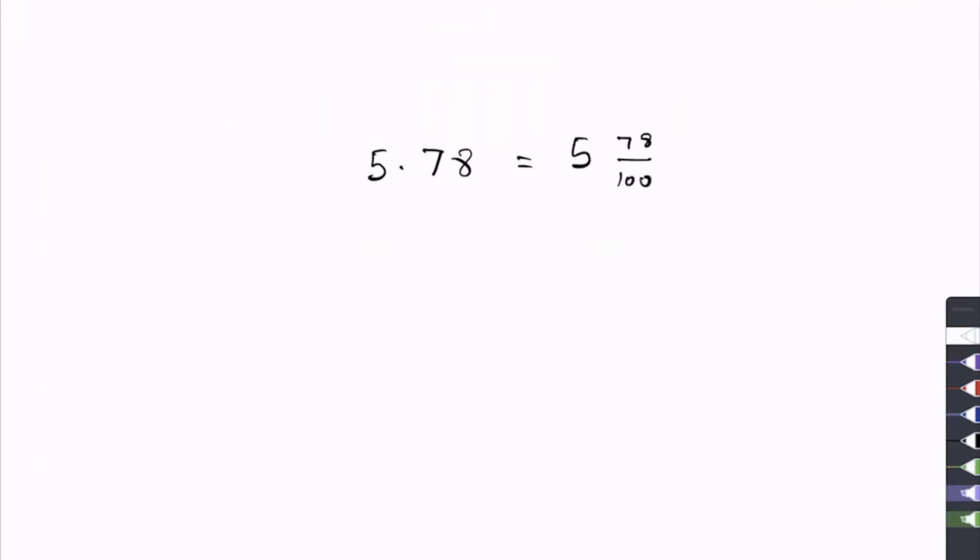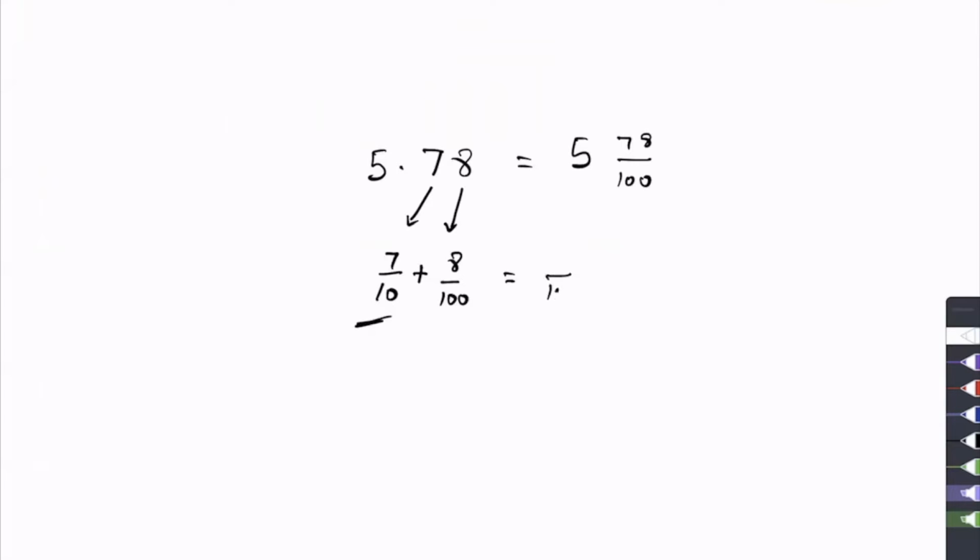78/100. So you may be asking, but how is that 78/100? Well, the 7 is 7/10. The 8 is 8/100. If we add those together, we can see that if we have the same denominator, we can rewrite the 7/10 as 70/100.